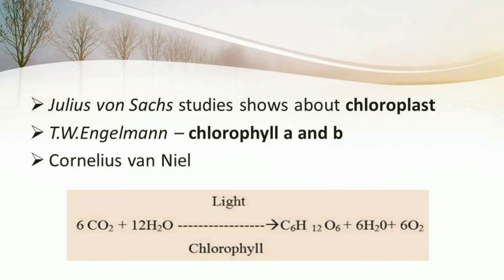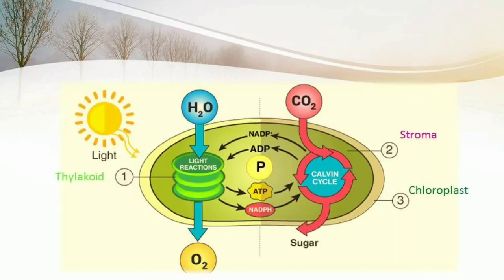Cornelius van Niel, a microbiologist, based on the studies of purple and green bacteria, demonstrated that photosynthesis is essentially a light-dependent reaction in which hydrogen from a suitable oxidizable compound reduces carbon dioxide to carbohydrates.